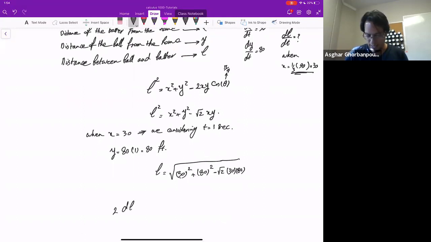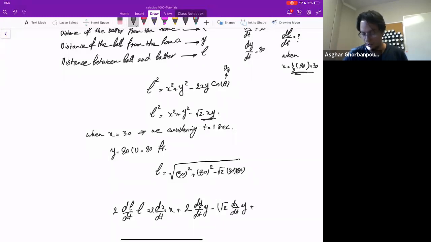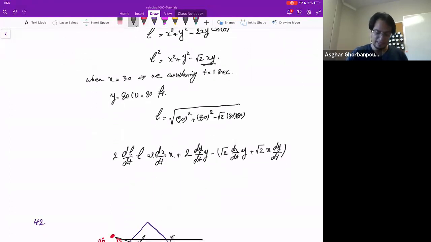This will give me 2L dL/dt equals 2x dx/dt plus 2y dy/dt minus, here I have to apply the chain rule, so it will be root 2 times dx/dt y plus root 2 x dy/dt. Now, if you look at this formula, we have all the values.